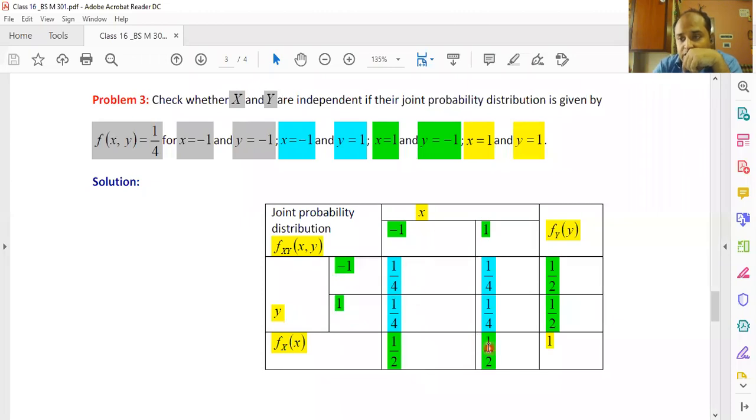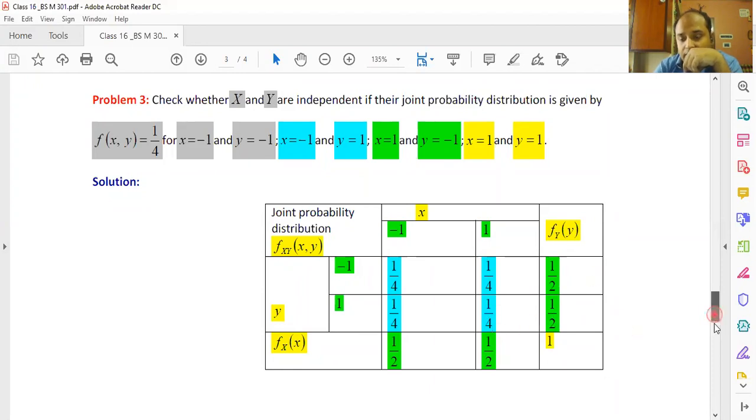If we consider this column and that row, then the product half and half will represent 1 by 4, the joint probability of this cell. If we consider half and this half, their product will represent the joint probability of this cell. And if we consider half and half, their product will represent the joint probability of this cell.